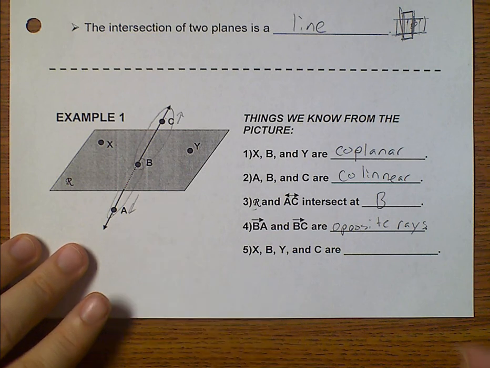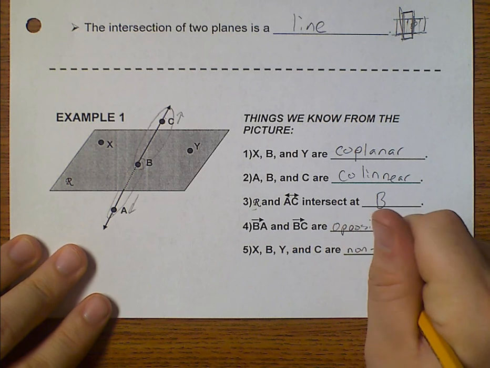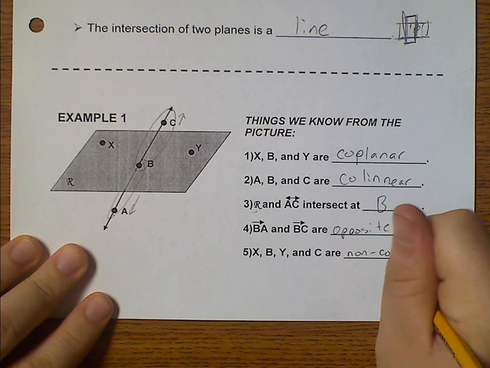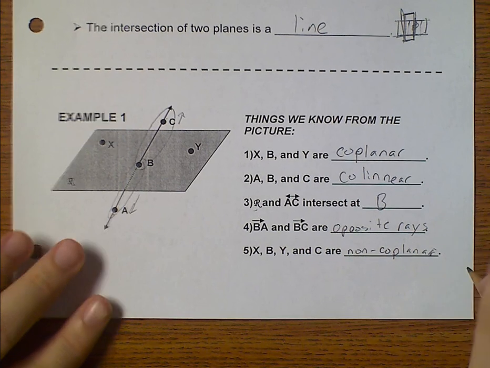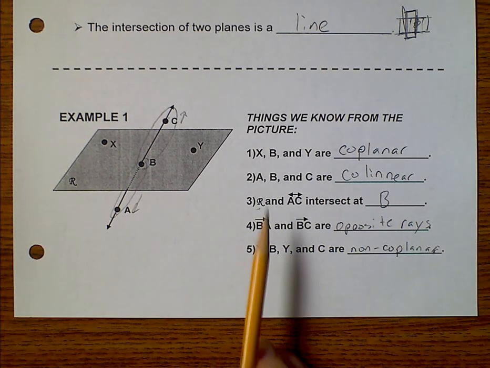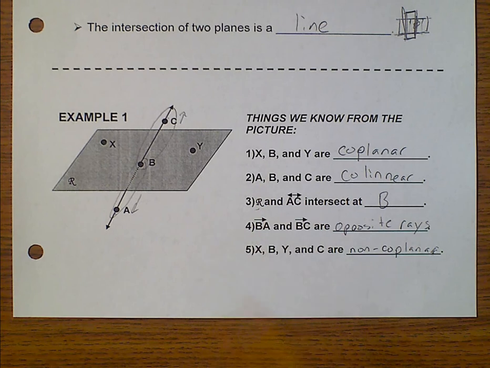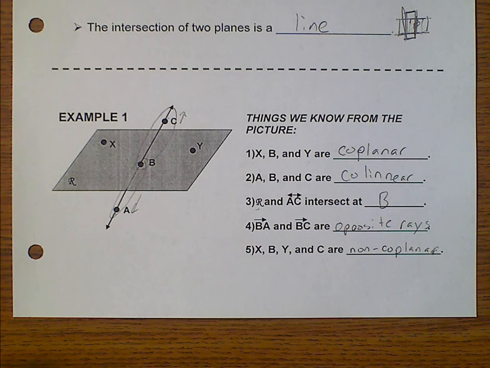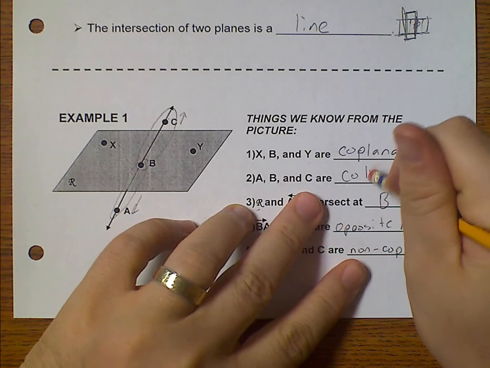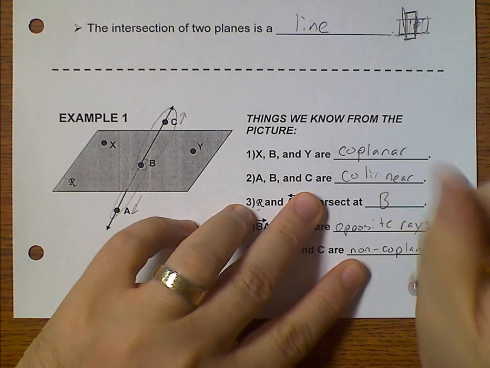So those would be non-coplanar. Just remember, 3 points are always coplanar, but sometimes they can be collinear. And I misspelled collinear. It's 1 N and 2 L's.